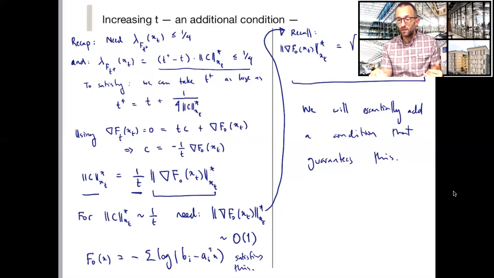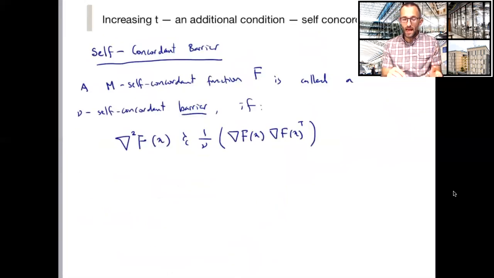What this is saying is that the eigenvalue of the Hessian in the direction of the gradient is going to be at least 1 over nu, which means that in the inverse this relationship is going to be at most nu.